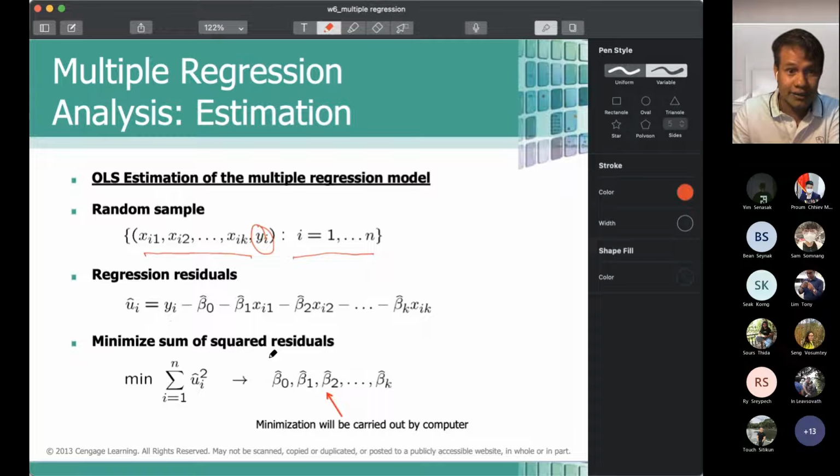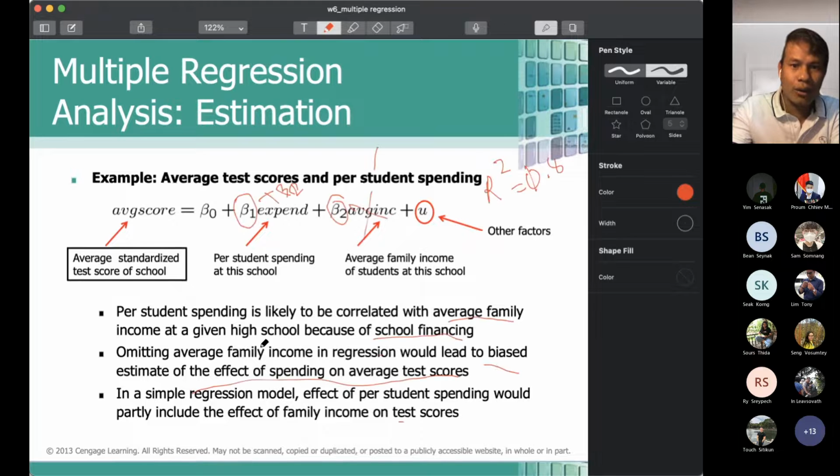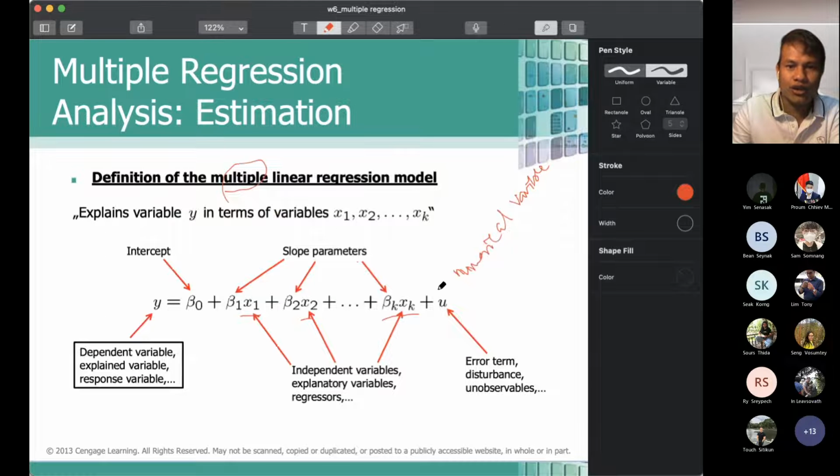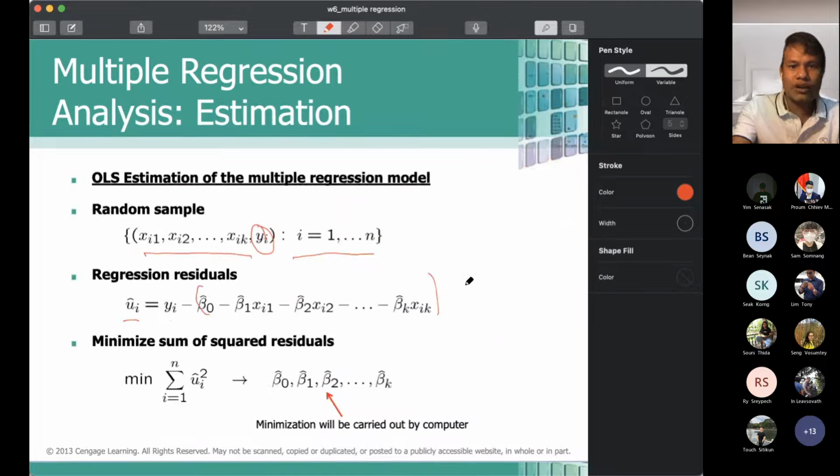We have n respondents, and as you remember, the regression residual from the sample we write as u_i hat, so it equals y_i minus delta 0, delta 1 x1, delta 2 x2, and so on, because it is from this regression, the original regression. So you want to find u. When you rewrite to find u, you get this equation. All right, that's the regression residual.